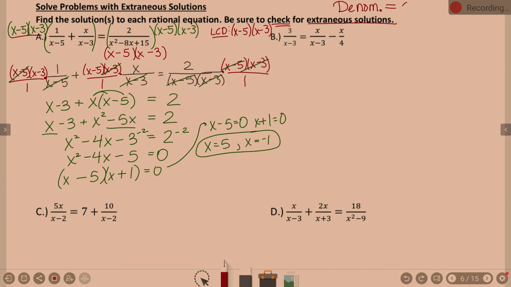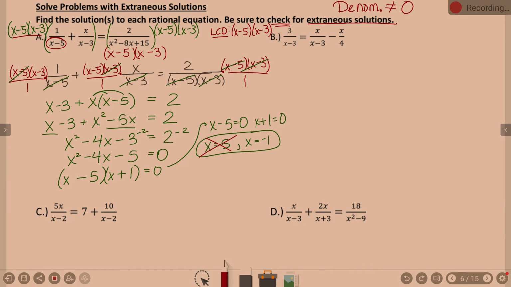Equal 0. A denominator cannot equal 0. If a denominator equals 0, that fraction doesn't exist. Do either of these answers make my denominators equal 0? Which one? 5? What happens right here if we put 5 in? 5 minus 5 is 0. Can the denominator be 0? No. So guess what? 5 isn't really truly an answer.